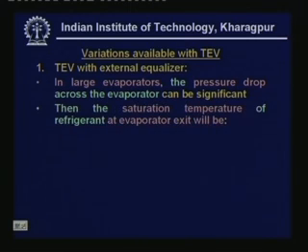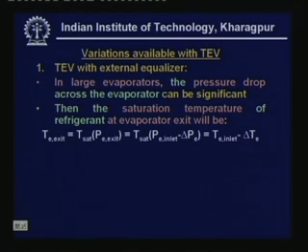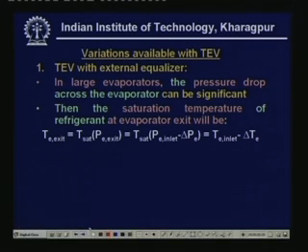Then the saturation temperature of refrigerant at evaporator exit, T_e exit, is nothing but the saturation temperature at the exit pressure, and exit pressure is nothing but inlet pressure minus delta P. Okay, delta P is the pressure drop across the evaporator.